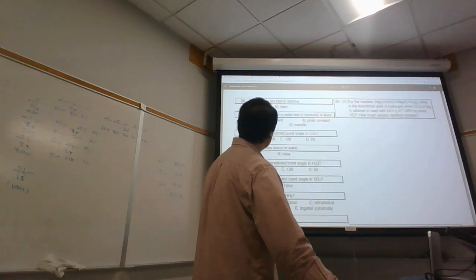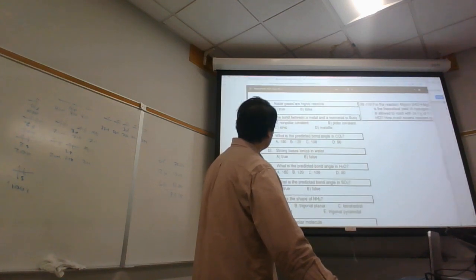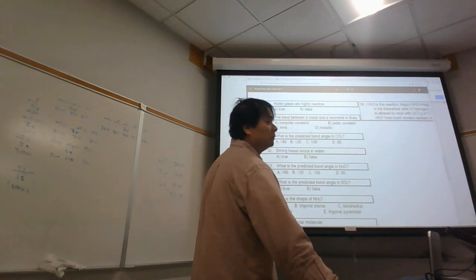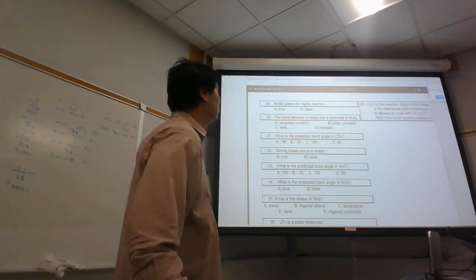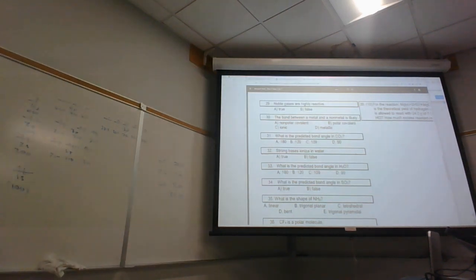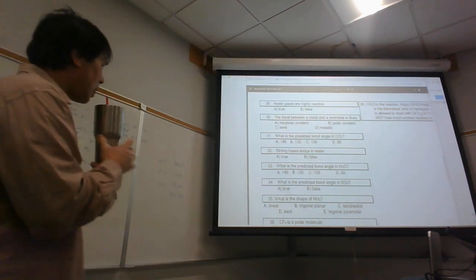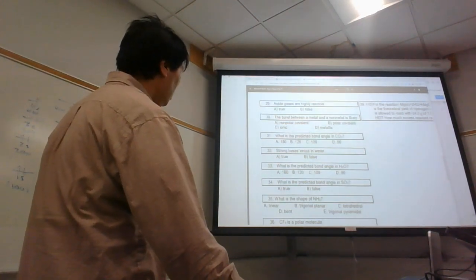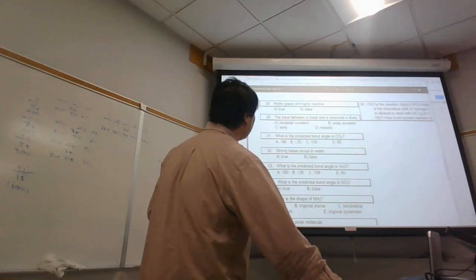False. 30, the bond between a metal and a nonmetal is likely what kind of bond? C, ionic, yeah. What is the predicted bond angle in CO2?